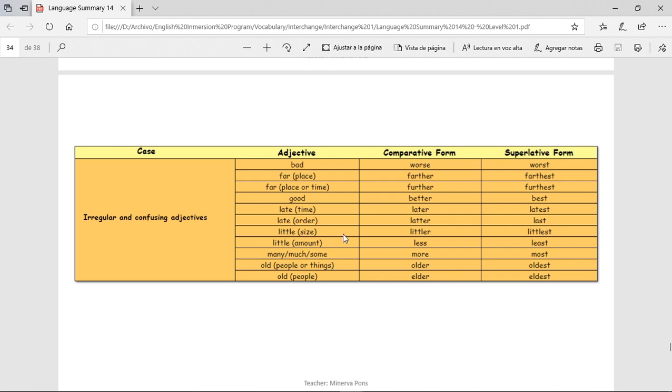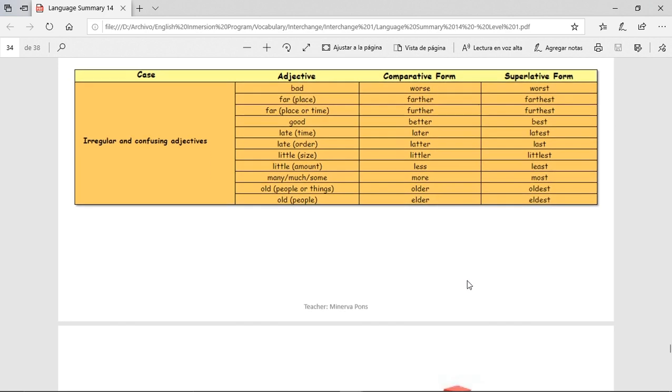Little for size is little or littlest, and for amount is less and least. For many, much, and some, it's the same with more and most. For old people or things, we can say older or oldest, but if you want to use it specifically for people, it's elder or eldest.